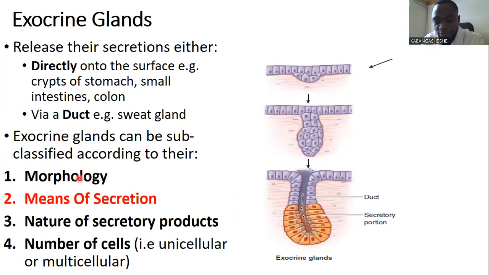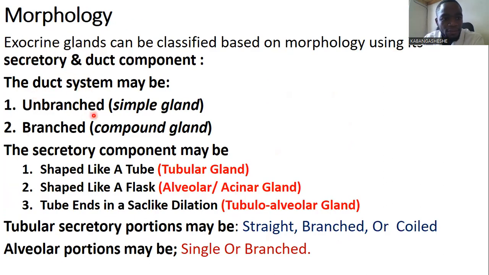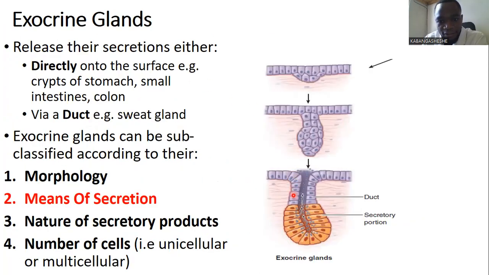This is morphology, based on shape. So, just looking at the shape of the gland, we can categorize exocrine glands as follows. Number one, we observe the structure here, which we call the duct portion. Then also observe the structure here, which we call the secretory portion.